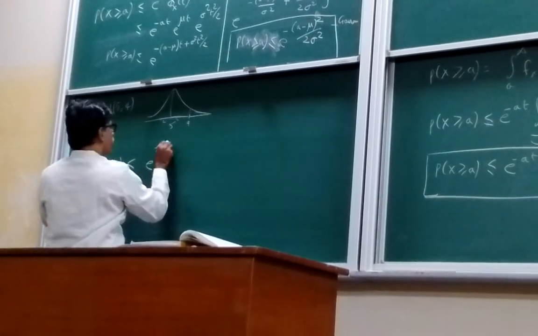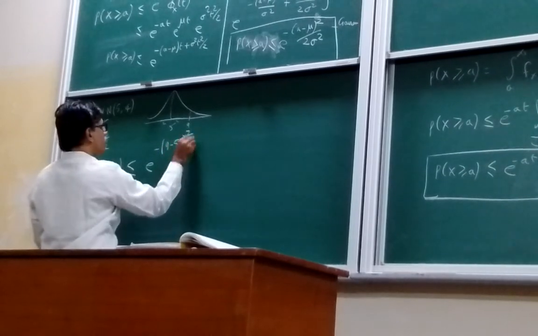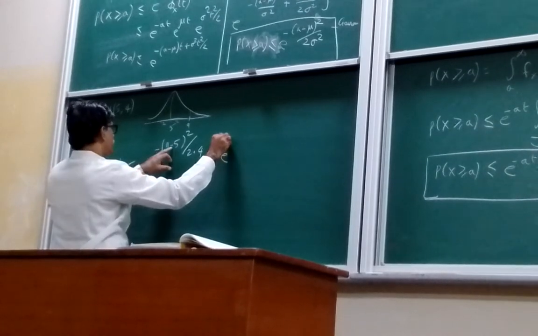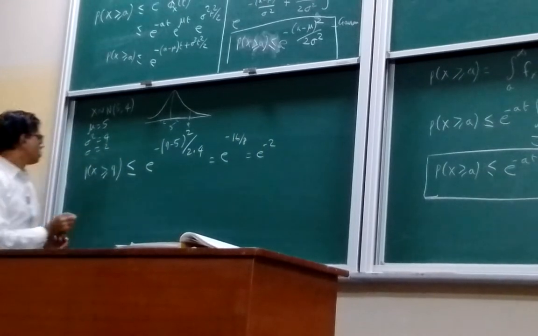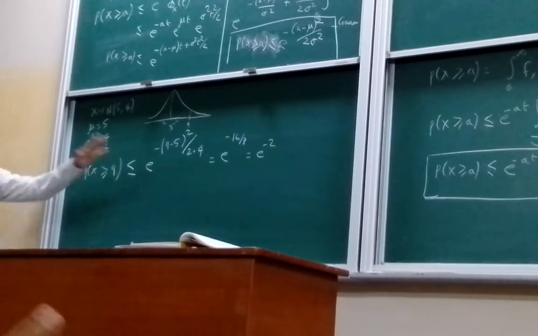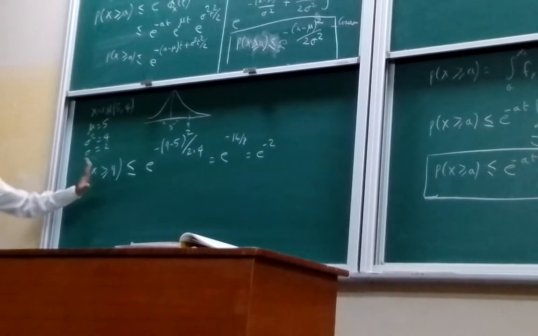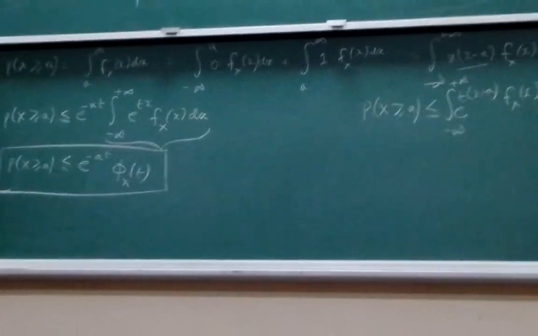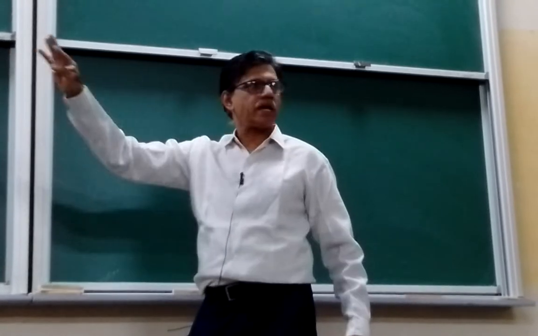This is 9 minus mu 5, the whole square divided by 2 into 4, so this is 16 by 8, e power of minus 2. So the probability that X is greater than or equal to 9 is less than or equal to e power of minus 2. That is what the Chernoff bound gives for the Gaussian case.